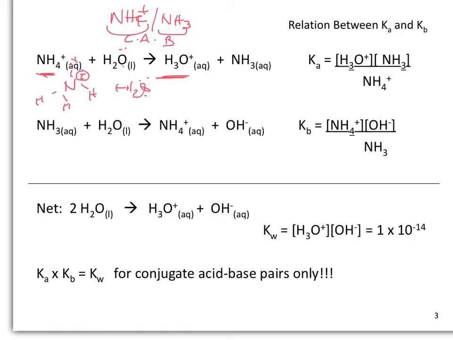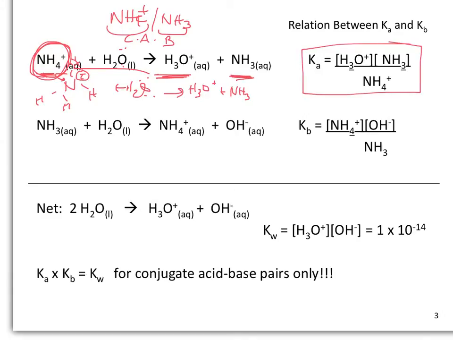So water would just basically pick up that proton and generates hydronium and ammonia. And if you were to write down the equilibrium constant, that equilibrium constant would be the acid dissociation constant for this conjugate acid. And so you would say hydronium ion times ammonia divided by ammonium gives you the Ka for ammonium ion.